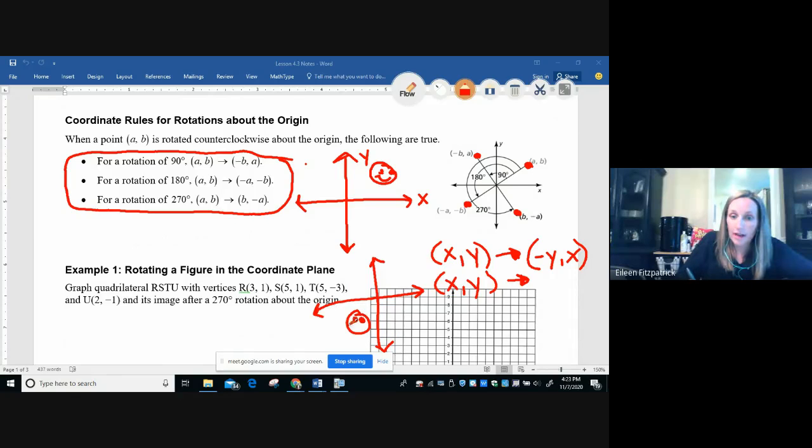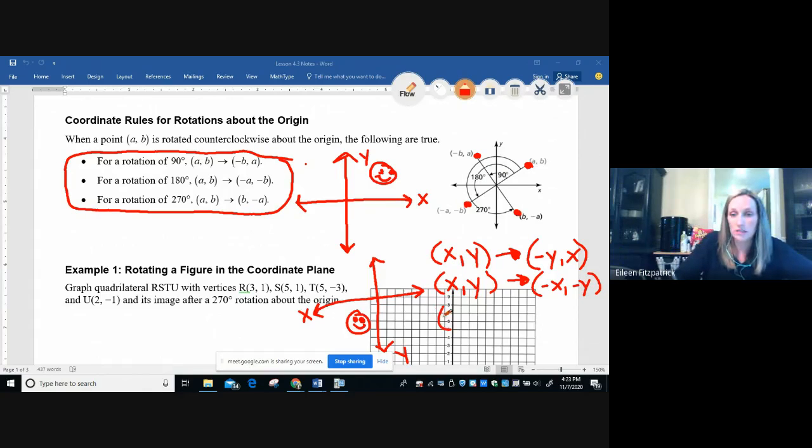Again, the X and the Y have to move as well when you rotate. The X was originally up here for 90, now it's over here, and the Y would come down here. So to get to my smiley face, I have to travel left on the X and down on the Y. So it's negative X, negative Y. That's the rule for rotating 180 degrees.